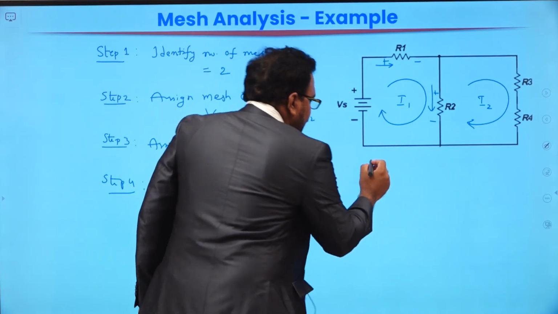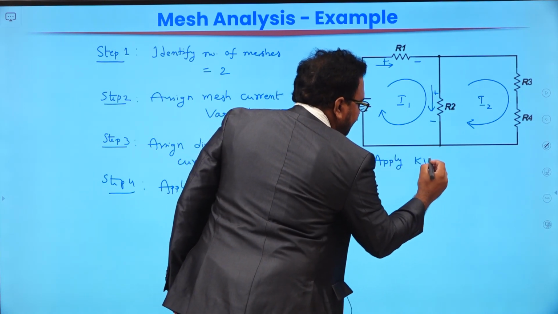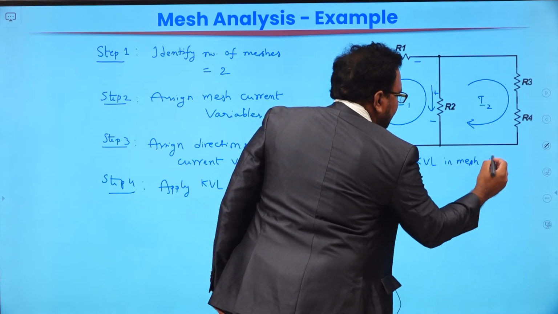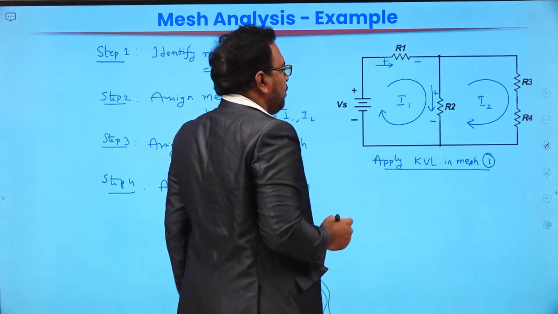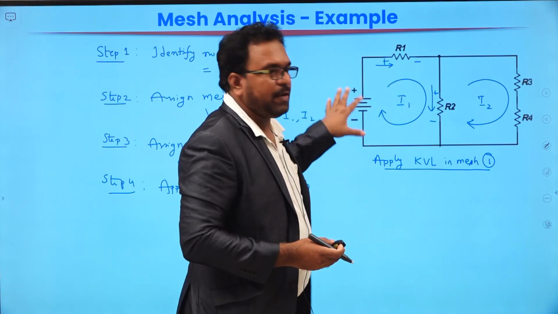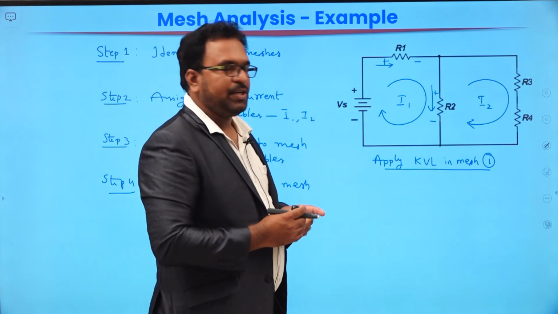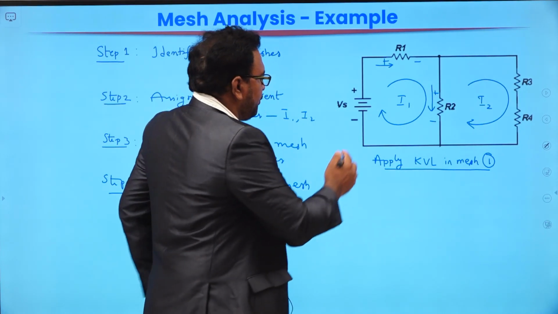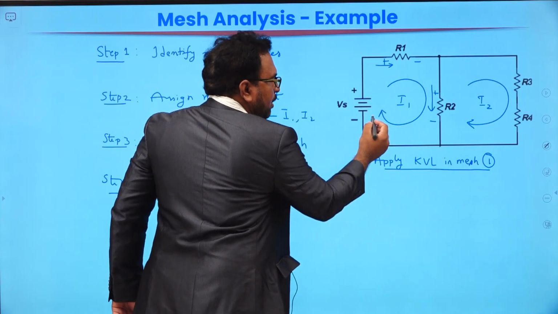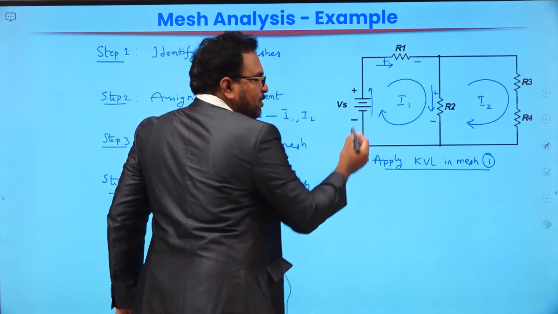Okay. So now apply KVL in mesh 1. Since there are 3 elements involved in mesh 1, what are the voltage rises and what are the voltage drops? In the case of the source, the current is moving upwards. That means it is moving from minus to plus.